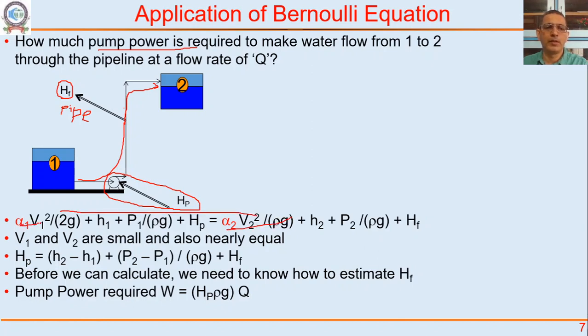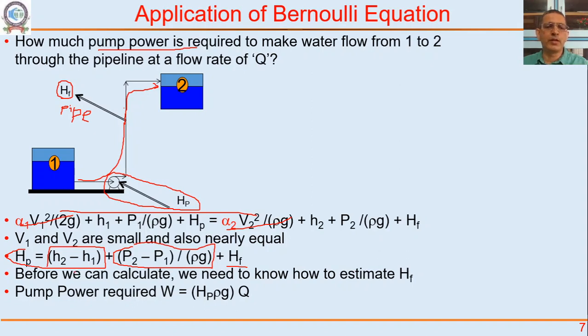This whole term can be cancelled out. So the head that needs to be added by the pump is equal to the potential head, height difference, plus pressure head difference, plus what is required to overcome friction.